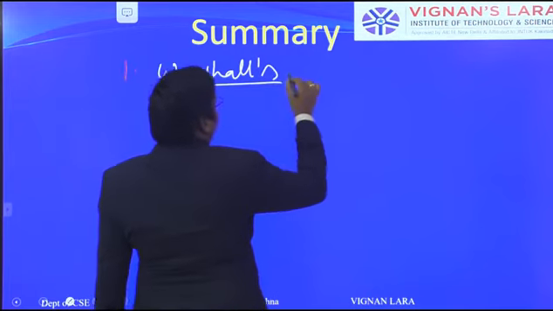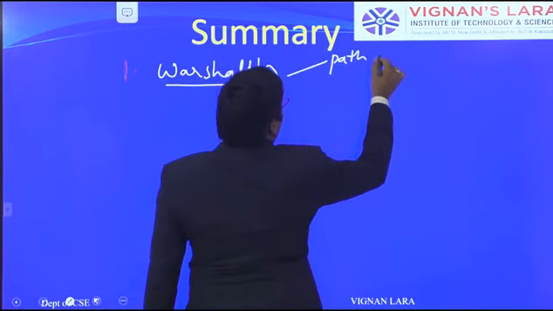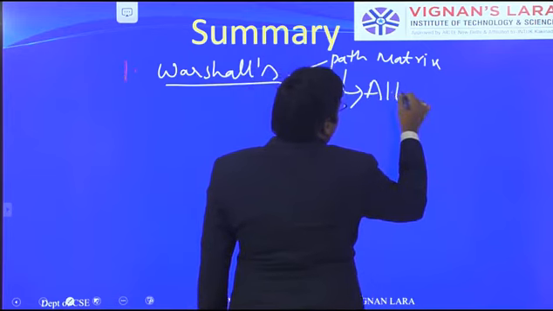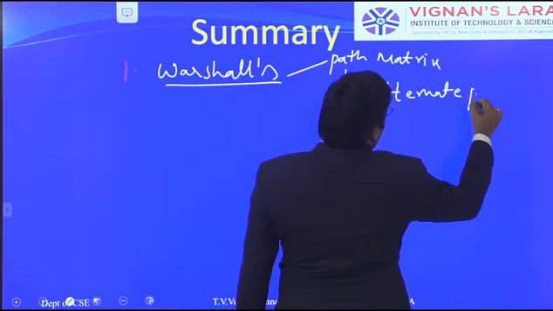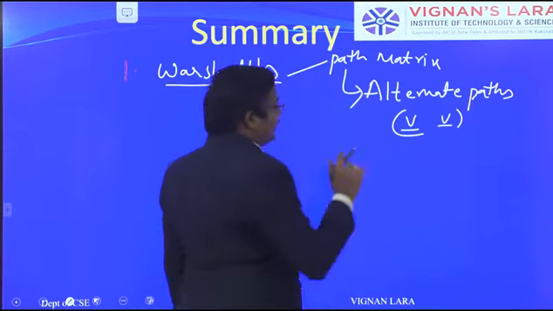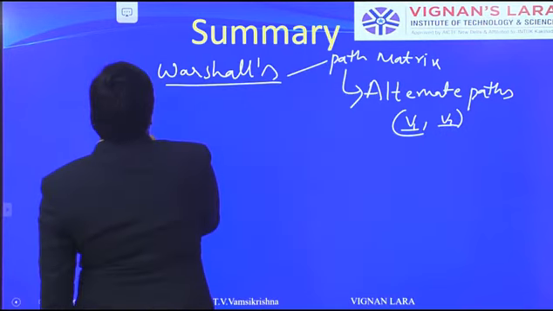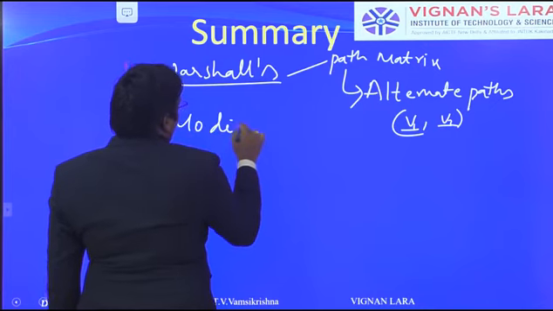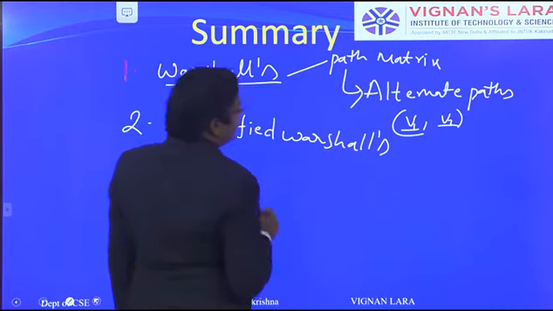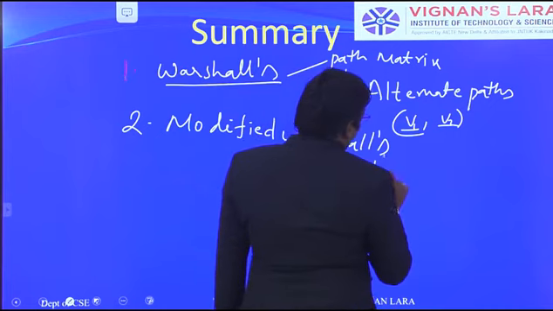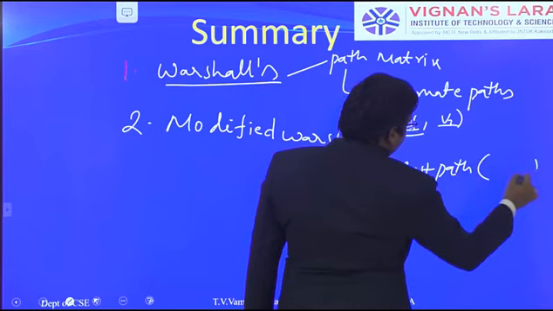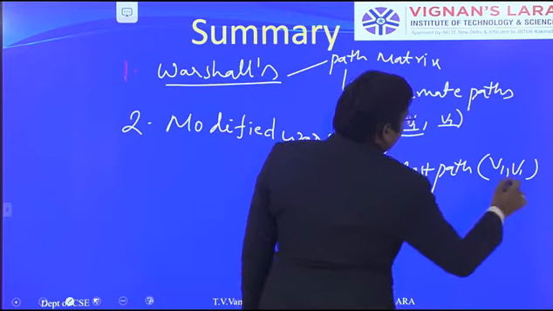Generally, with Warshall's algorithm, previously we were finding the path matrix, where we discussed alternate paths, meaning indirect paths between each and every pair of vertices. Now we have discussed the modified Warshall's algorithm, in which we find the shortest path between each and every pair of vertices.